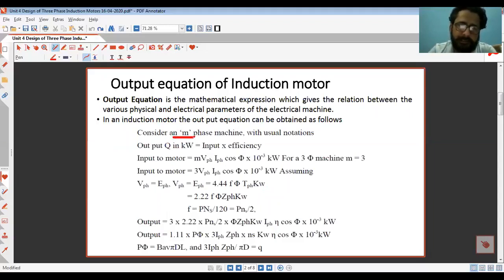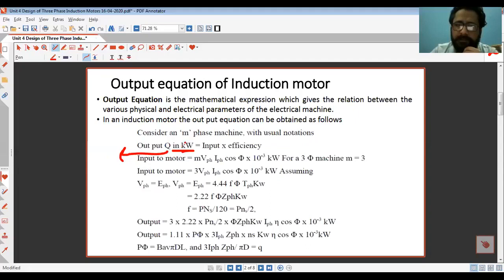So consider an M phase machine with usual notations. Usual notations means whichever standard notation is used for a multiple phase induction motor, those notations are to be used. So the output kilowatt, output Q, here Q is basically used for the output power, right?